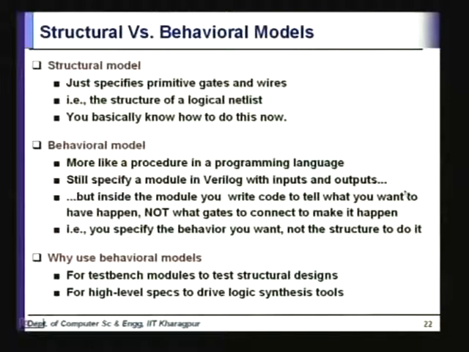So, we will conclude this with this slide where we now move into behavioral models. So far we have only talked about structural models and writing a test bench and wrapping it around the duty. The structural model specifies the primitive gates and wires. It specifies the structure of a logical net list, and you basically know how to do this now.